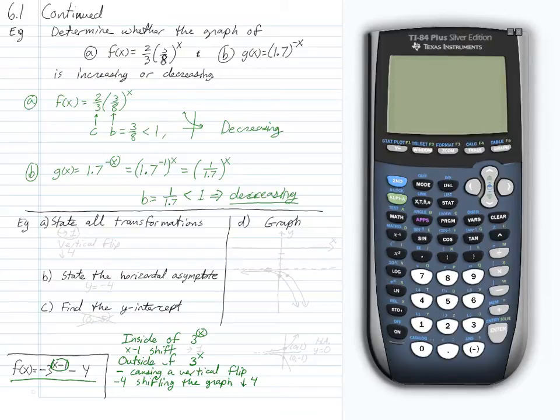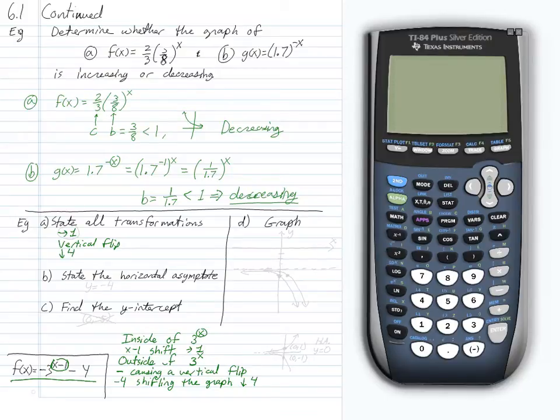And since it's minus 1, we're going to shift in the positive direction 1 unit. So we're shifting to the right 1. We have a vertical flip across the x-axis. And we're going to shift everything down 4 units.